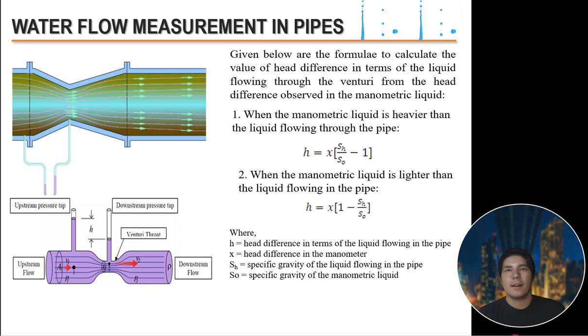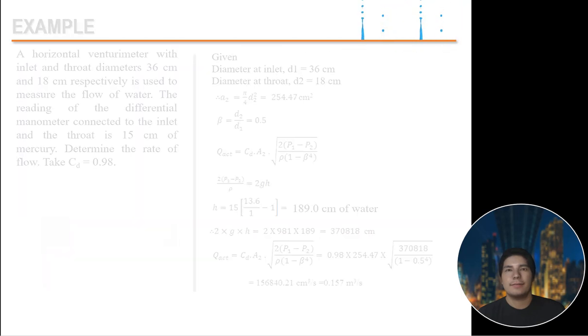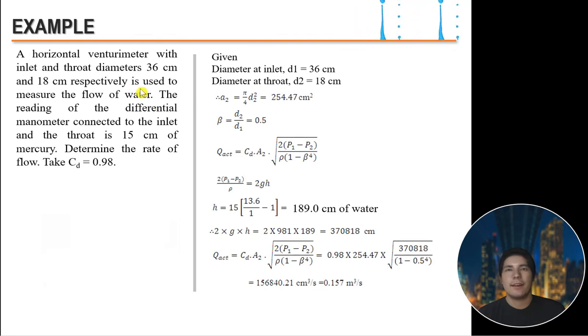Okay, so let's have an example. A horizontal venturimeter with inlet and throat diameters 36 cm and 18 cm respectively is used to measure the flow of water. The reading of the differential manometer connected to the inlet and the throat is 15 cm of mercury.